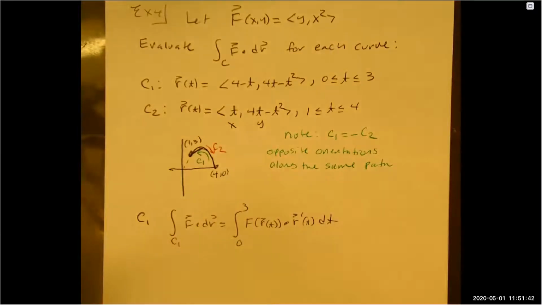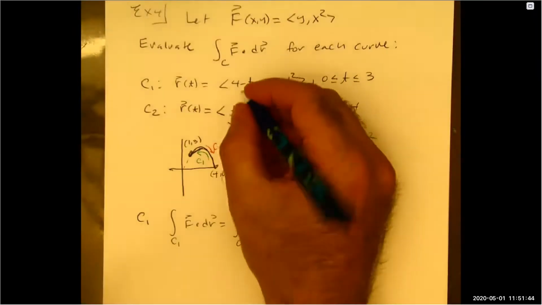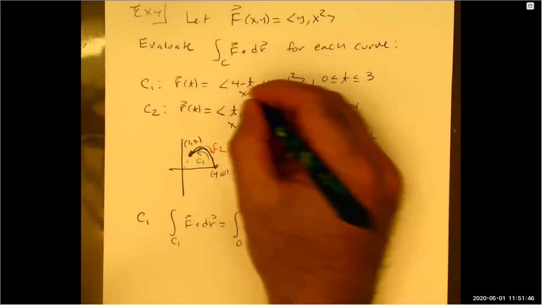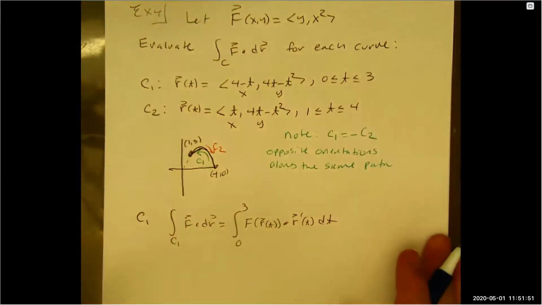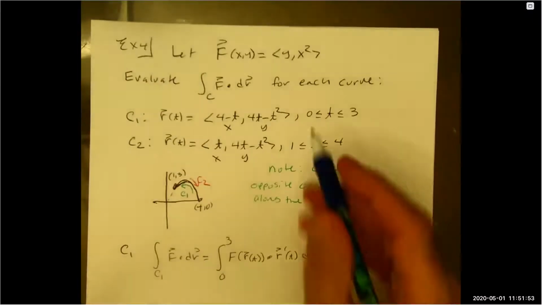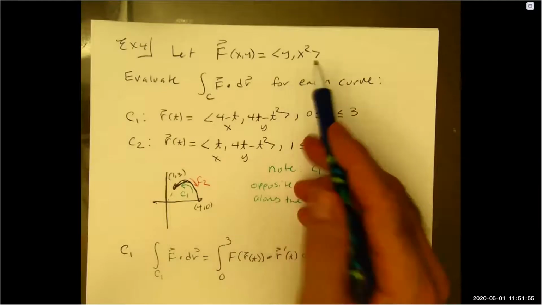So here we have our x, and here we have our y, and we need to put it into our vector field here. So the vector field is y x squared.